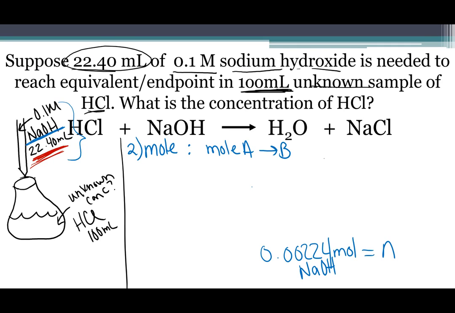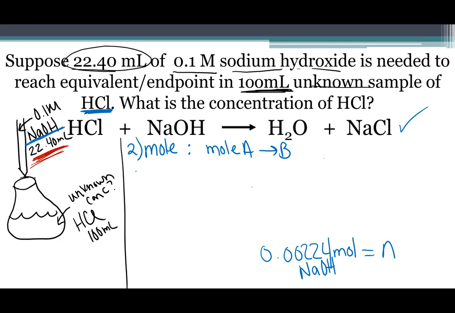So what we're going to do in this step is we're going to use the balanced chemical equation. And we're going to go from moles of sodium hydroxide to moles of hydrochloric acid. Okay, so ultimately we want to know what the concentration of hydrochloric acid is. Well, we need some way to get to that unit, right? So this is how we're going to do it.